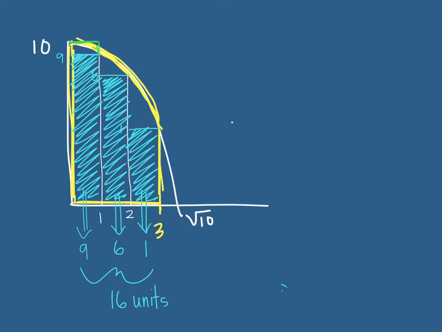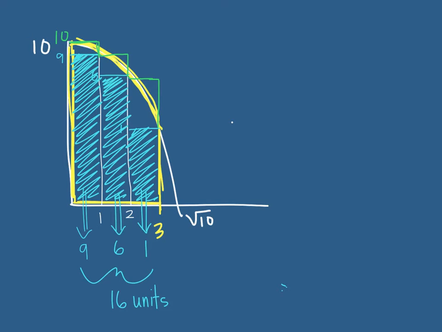Let's make our rectangle that extra piece up there. And then let's make this rectangle the extra piece. And let's make that rectangle the extra piece. So they're going to be taller. Now, all right, how tall would the first rectangle be? 10.